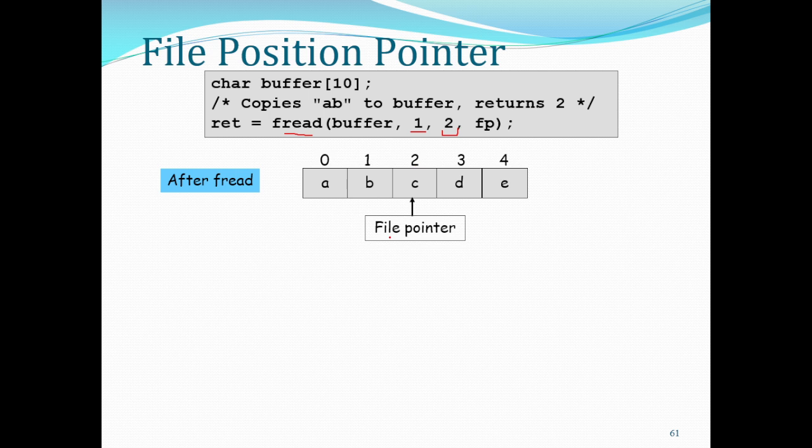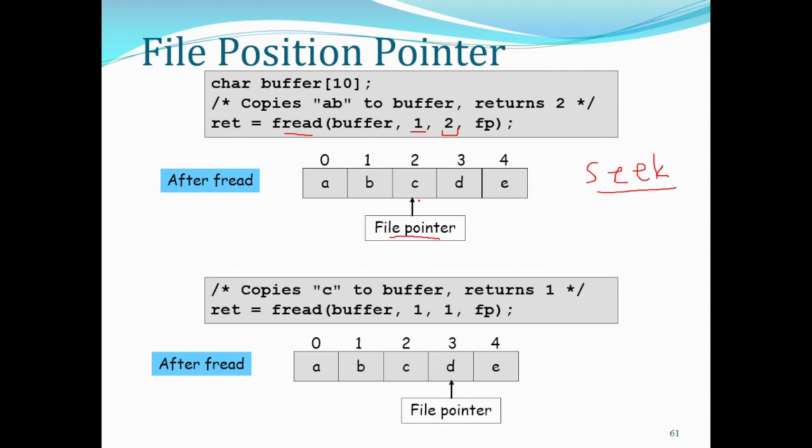So there is a file pointer, a file seeker, and there's a seeking function we will see in a minute. The file pointer tells me where I am in the file. After reading, the file pointer is updated, as you see.